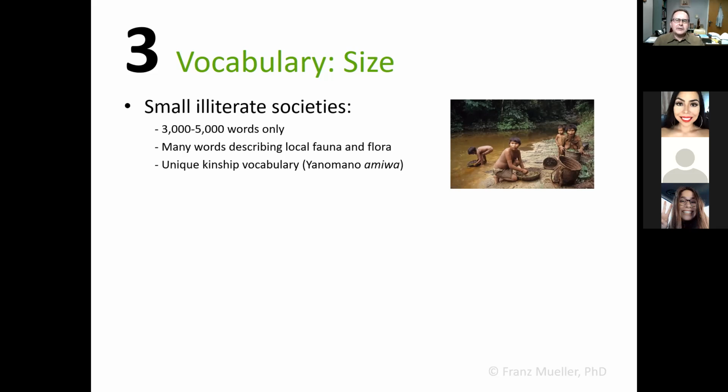Amiwa, though, has a very interesting meaning. Amiwa could mean either a sister of yours or a female cousin of yours. And they are both considered the same relationship in Yanomamo culture. Those are the kinds of things that people investigate in a subfield called anthropological linguistics.